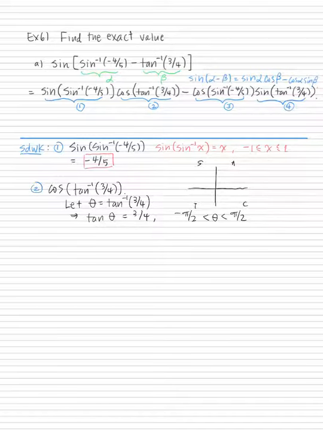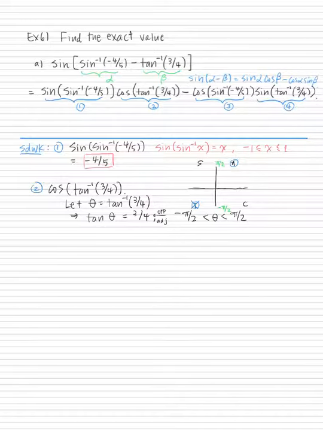Alright, so since tangent is positive 3/4, that means theta must lie either in quadrant 1 or in quadrant 3. But since your theta must be from -π/2 to π/2, do you see that quadrant 3 is going to be out? So our angle theta is going to lie in quadrant 1. Those of you who like to use the triangle, think of tangent as opposite over adjacent.